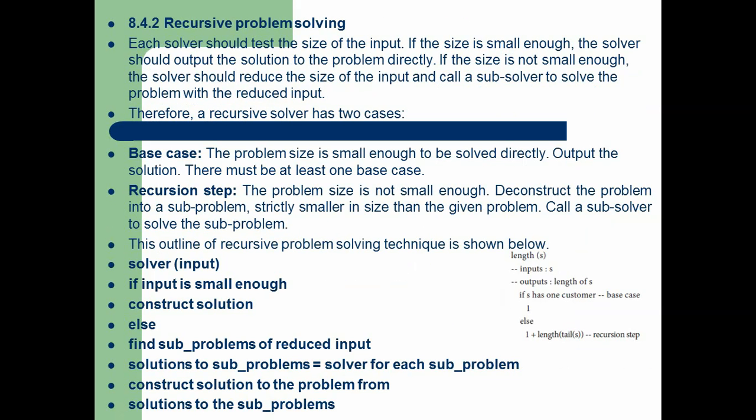So the recursive process can be solved through two basic cases. One is the base case, another one is the recursion statement. So when will this process of recursion execute, and when will it not execute?